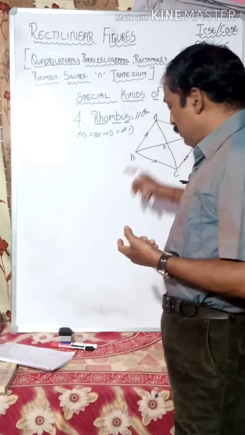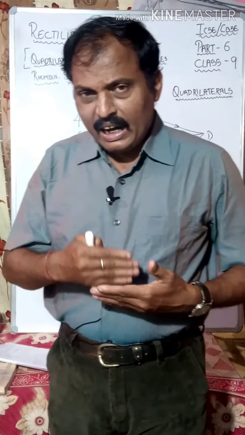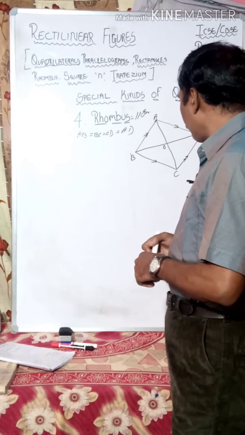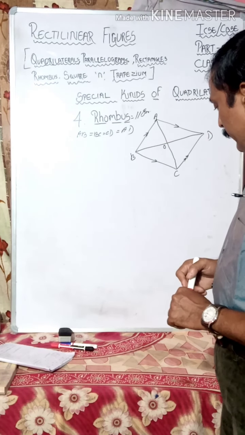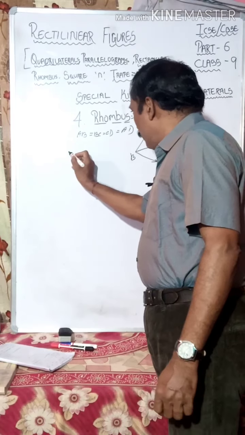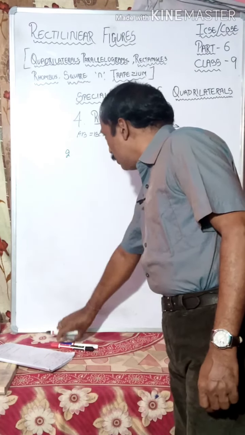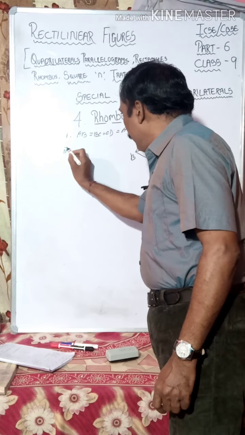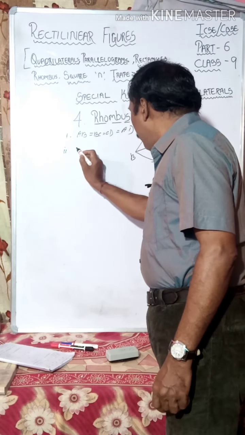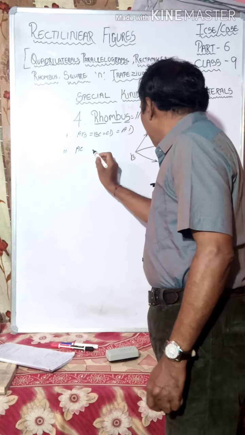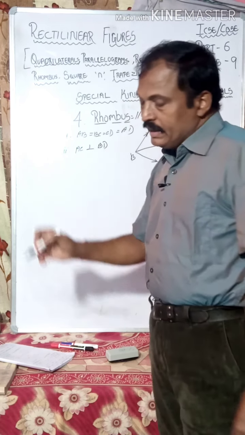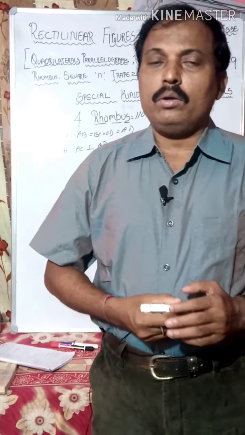But in a rhombus, what is the extra statement other than the parallelogram properties? Now look, number 2. The two diagonals AC and BD are perpendicular to each other.